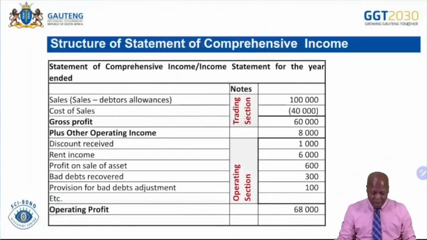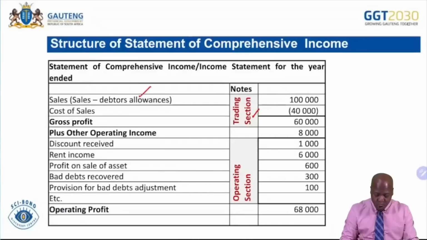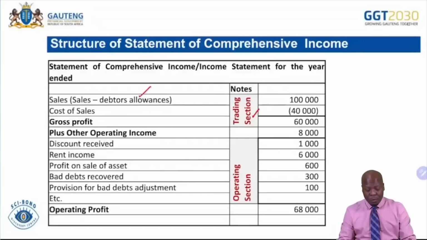When we look at the statement of comprehensive income, it is important that you know its structure. The structure begins with our trading section, which is what you see over here. On the trading section, that is where you have your sales, and remember debtors allowances. You also have your cost of sales and your gross profit.